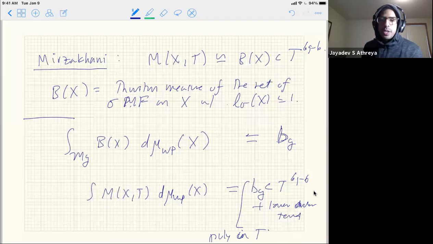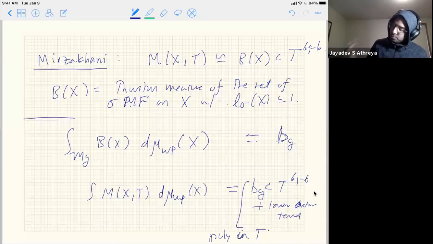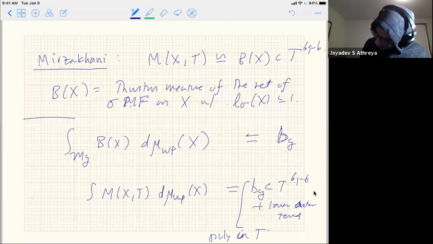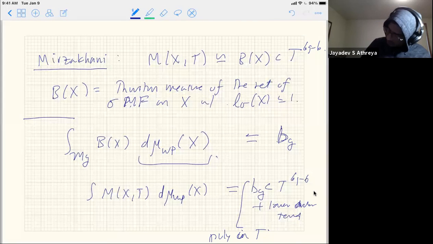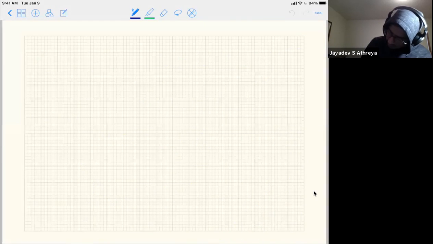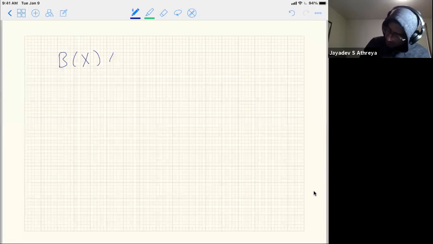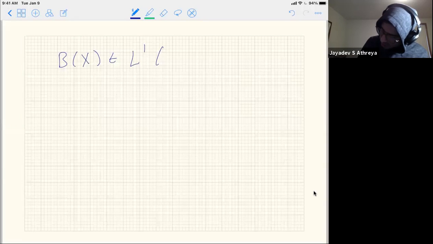Each time I encounter it, I'm struck by how beautiful the answer to the story is. But in particular, what's interesting, let me explain this in just a second, basically, an analogy for us, b of x is an L1 function on M_g with respect to Weil-Petersson measure.